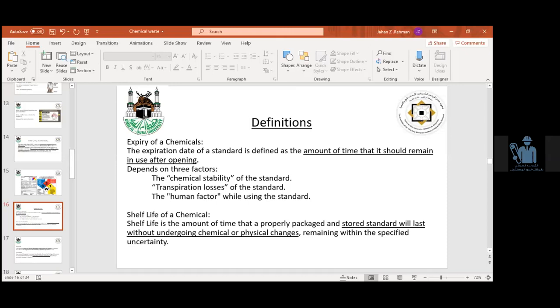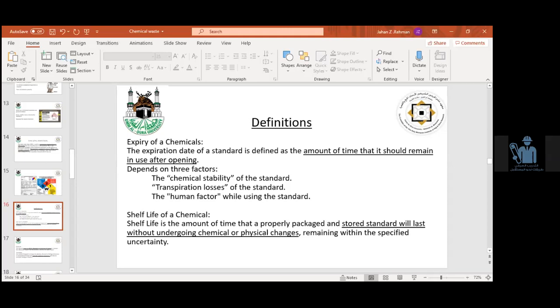Then you have to see the expiry date, whether it is an expiry date of 6 months or of 1 year. It depends on the company, and it depends on the accuracy and the concentration of the chemical, and also the nature of the chemicals. Because sometimes if the chemicals are hygroscopic in nature, hygroscopic means they absorb water molecules, you always have to keep its container tight.